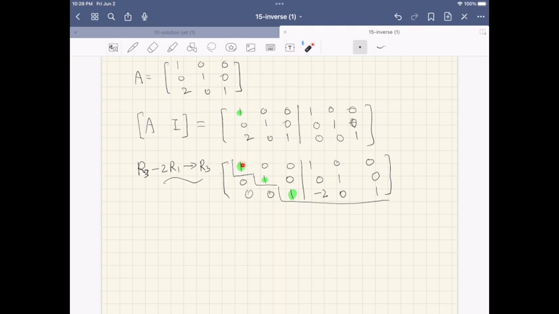If we look at each pivot column, those pivots are ones, the only ones in their column, otherwise all zeros. And this is the identity matrix. This is exactly what I is. In other words, the other half has to be A inverse. So the answer, A inverse, is 1 0 0, 0 1 0, negative 2 0 1.